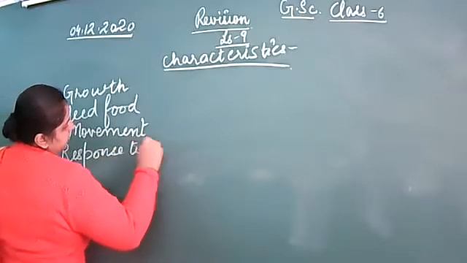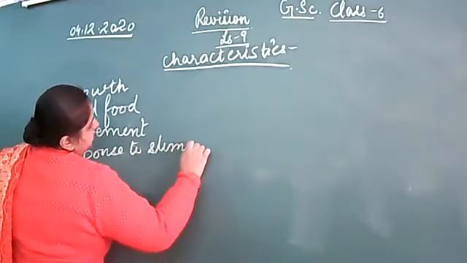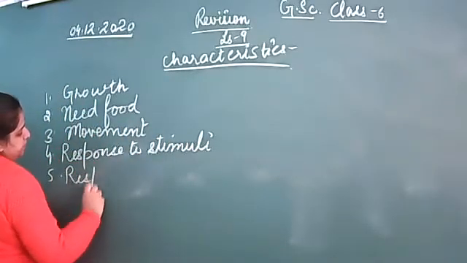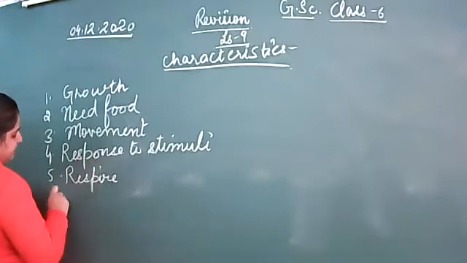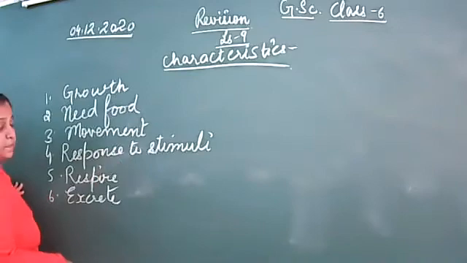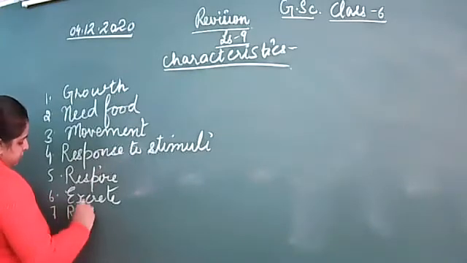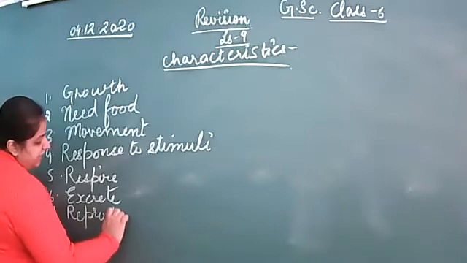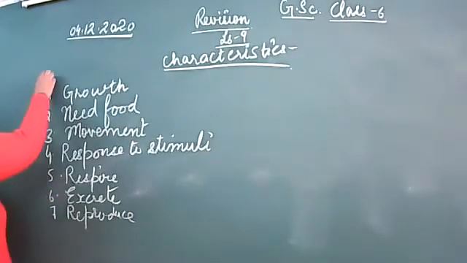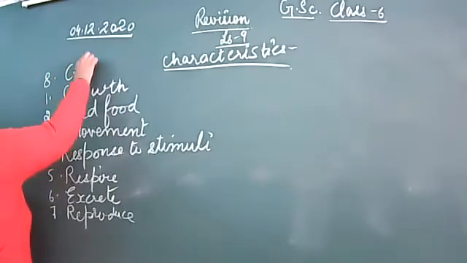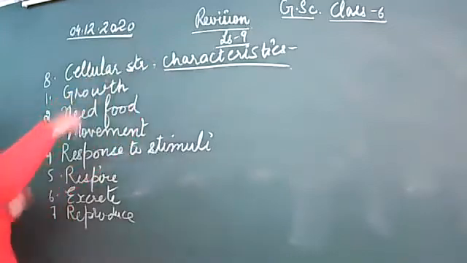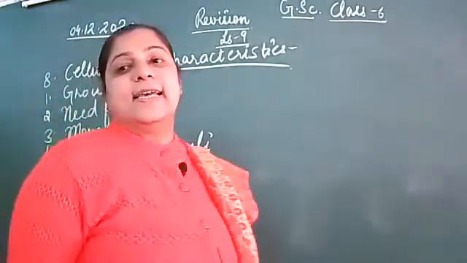Then they do respiration, they respire, right? They excrete. They reproduce, right? And the major one you have left: they are made up of cells. Cellular structure means they are made up of cells.